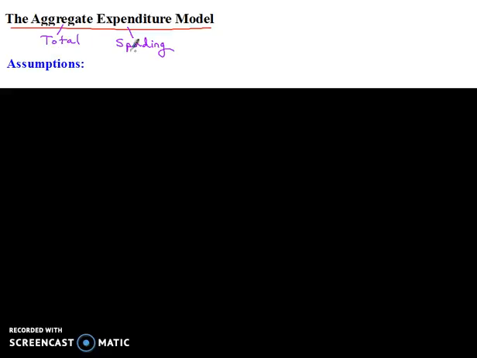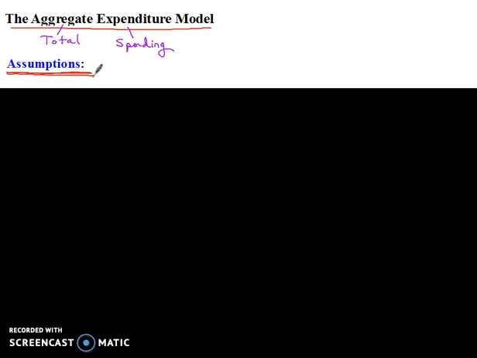Spending is going to be really important to this model, which goes back to Keynesian economics from the 1930s, and will eventually lead us to building a model using what is sometimes known as the Keynesian cross, but that will come in a future video.